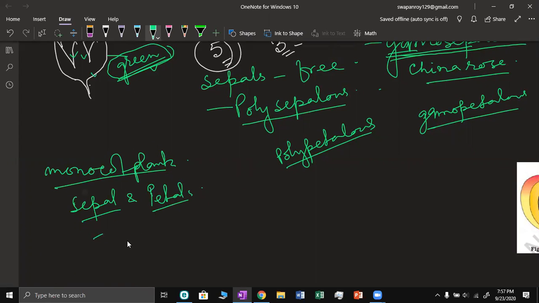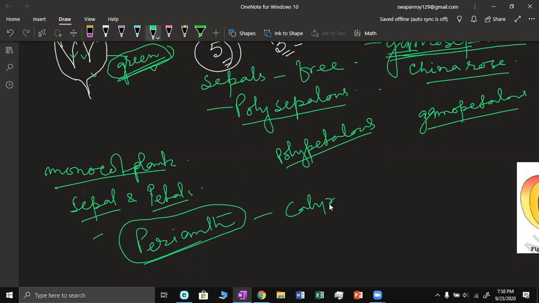So in that case, we don't call them calyx or corolla, we call it perianth. So perianth is a common term for calyx and corolla.